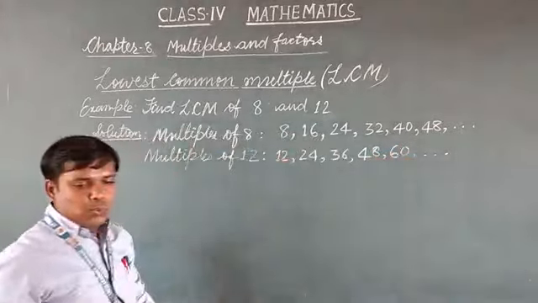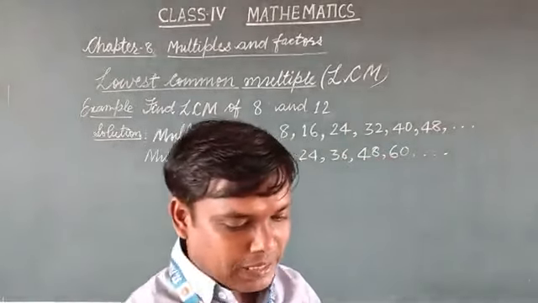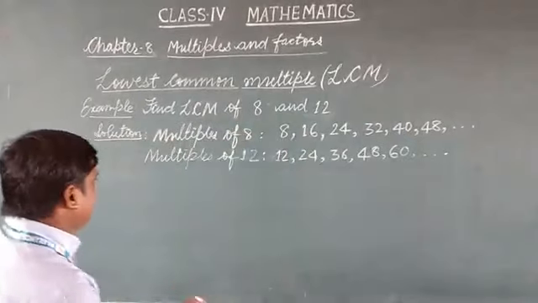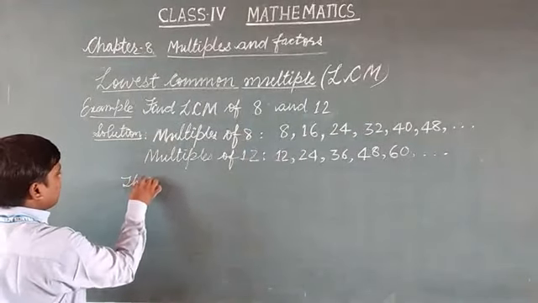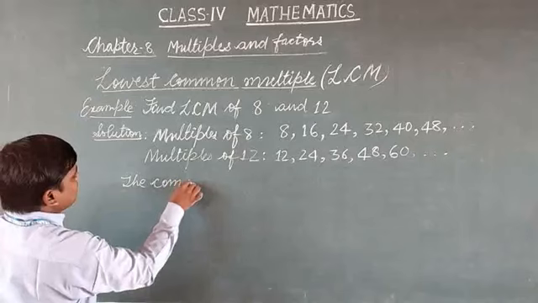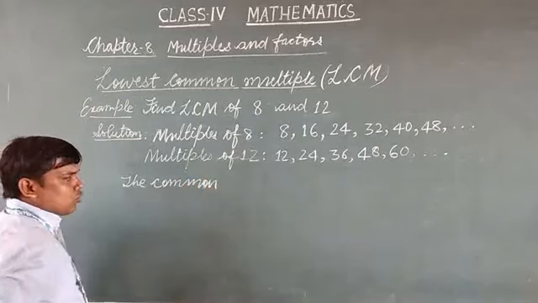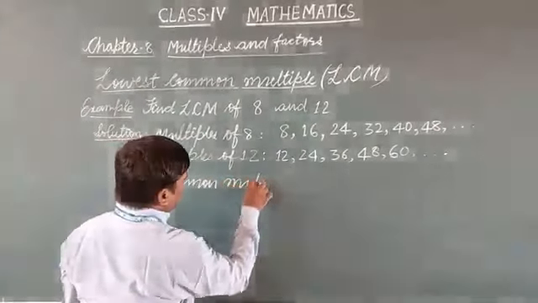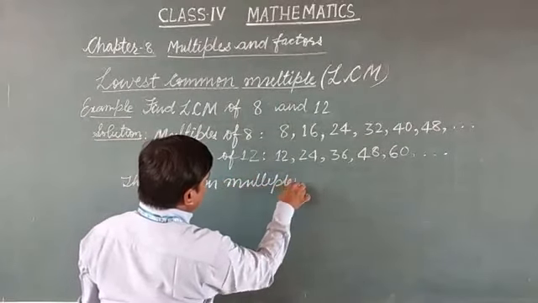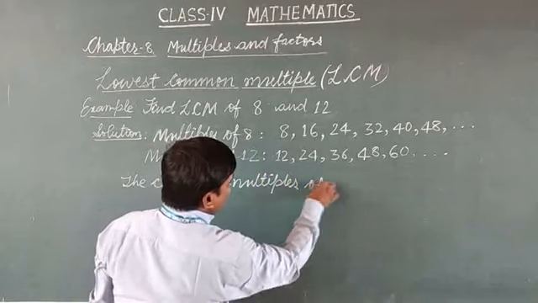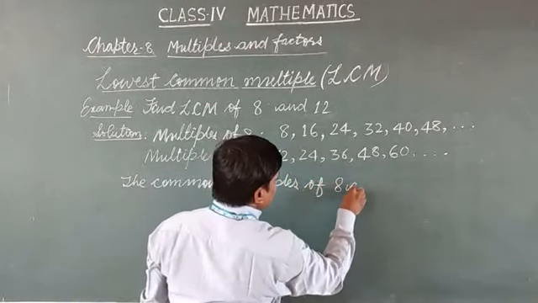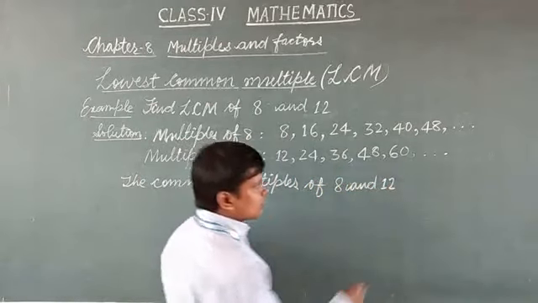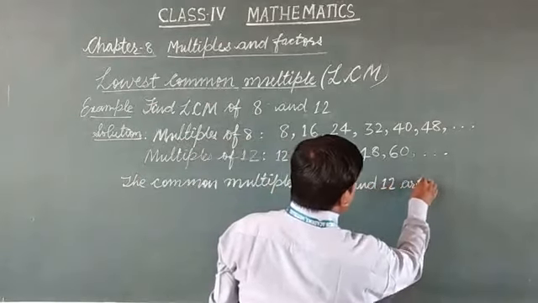Among these we write common multiples. The common multiples of 8 and 12 are: what are the common multiples here?